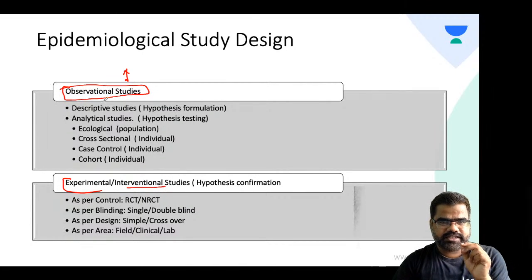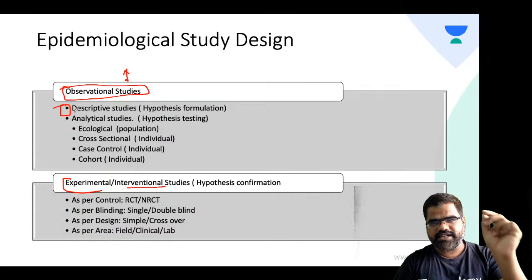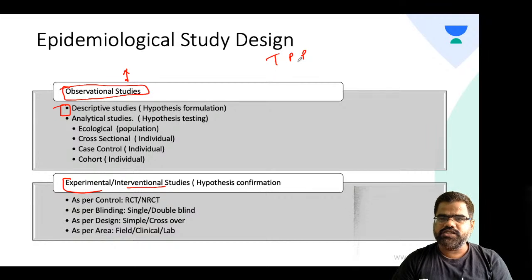Now, students think, when you are doing an observational study, the first component is description. You are describing the disease, as I said earlier, with respect to time, place and person. That helps you to formulate a hypothesis.